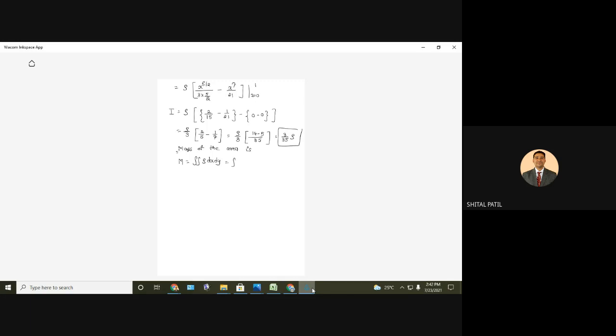Write the limits. What were the limits? X equal to 0 to 1, y equal to x square to root x. Rho is constant, integration with respect to y first and then with respect to x.